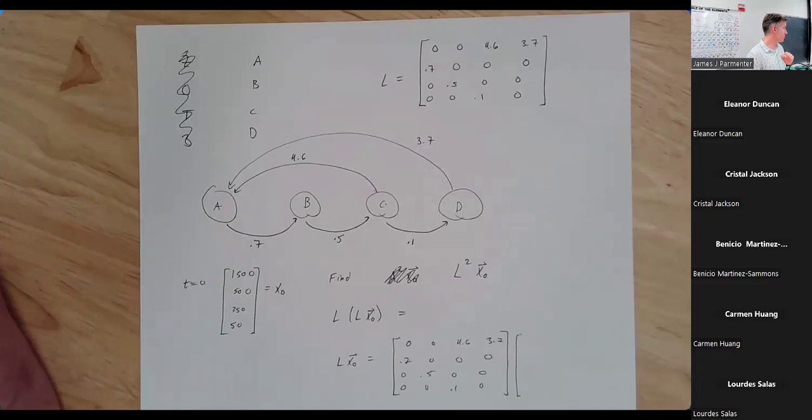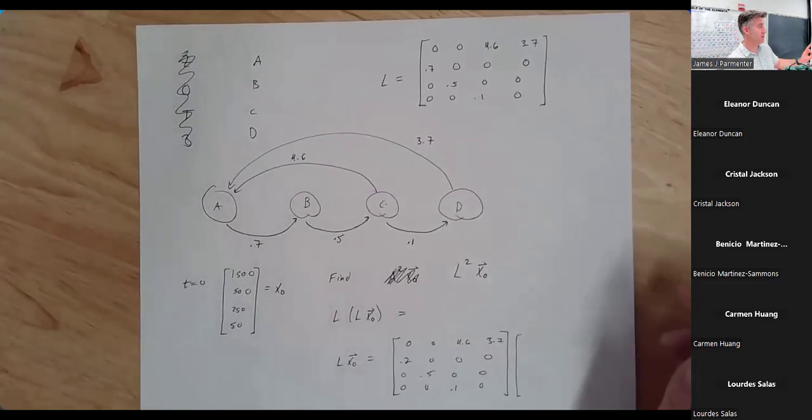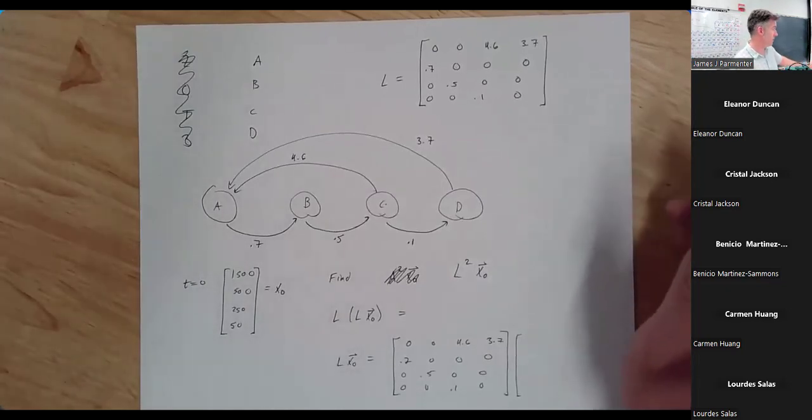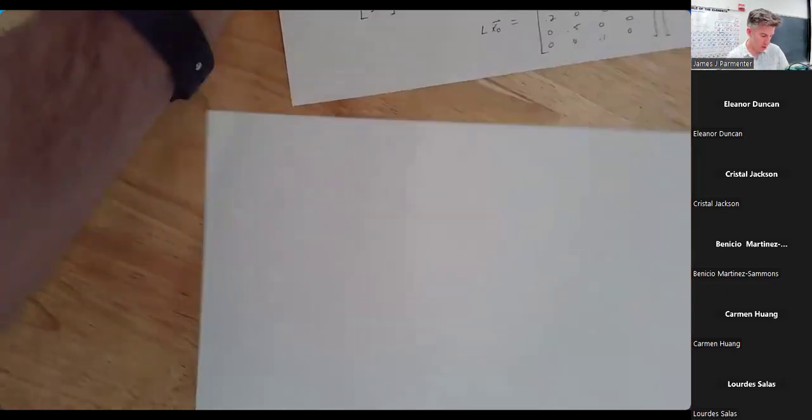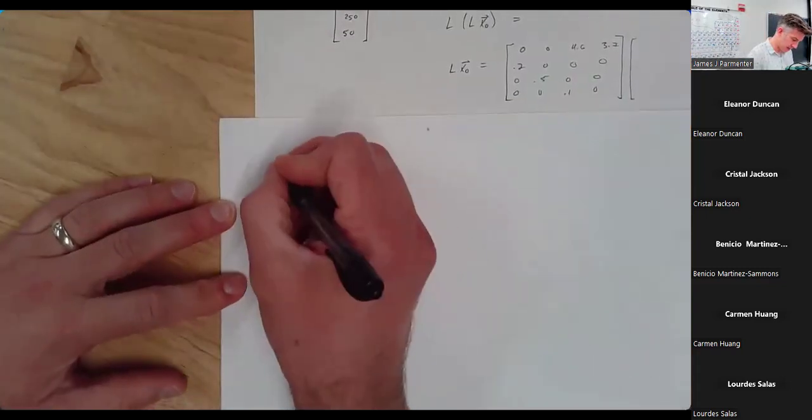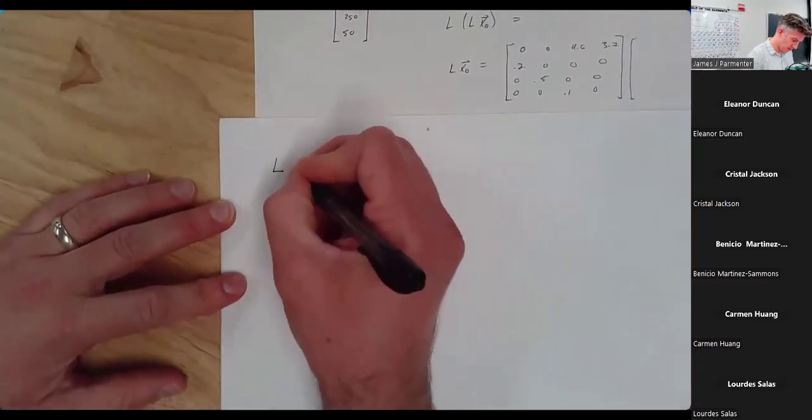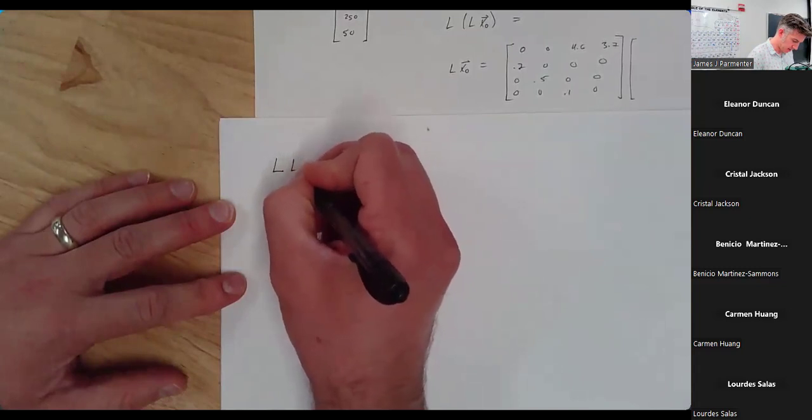Did they say anything about how multiplying matrices is not commutative? So if that was the case, why can you do L times x naught before you do L times L? Well, matrix multiplication is not commutative, but it is associative. So what we can't do is change the order, L times x naught.